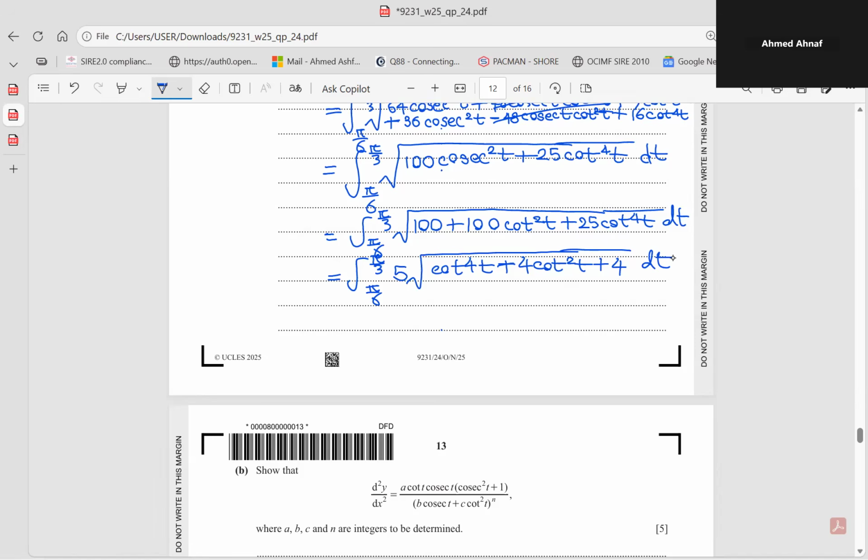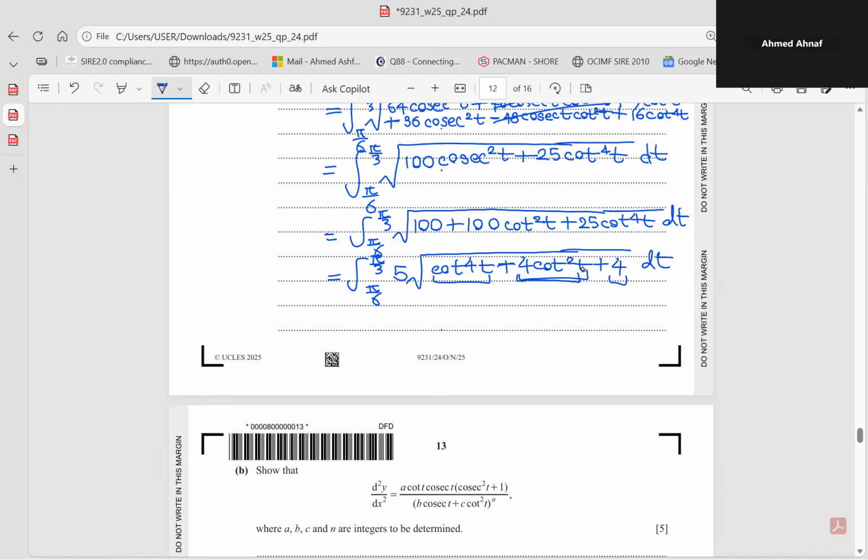In order to get rid of the square root, we have to express this in the form (a plus b) squared, that is a squared plus 2ab plus b squared. So b squared is 4, so b is 2, and a squared is cotangent to the power of 4 t, so a is cotangent squared t. And 2ab is 2 cotangent squared t times 2, which is the middle term.